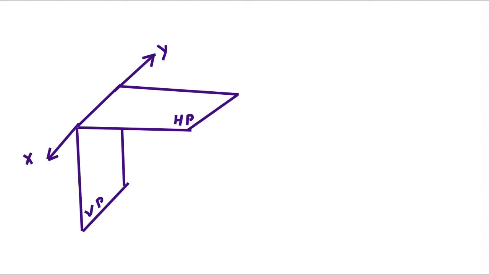Here you can see that HP and VP are considered. Fourth quadrant is represented. Here, as per given data, point E is on VP, and its distance from HP, that is from XY line, is given as 35 mm.